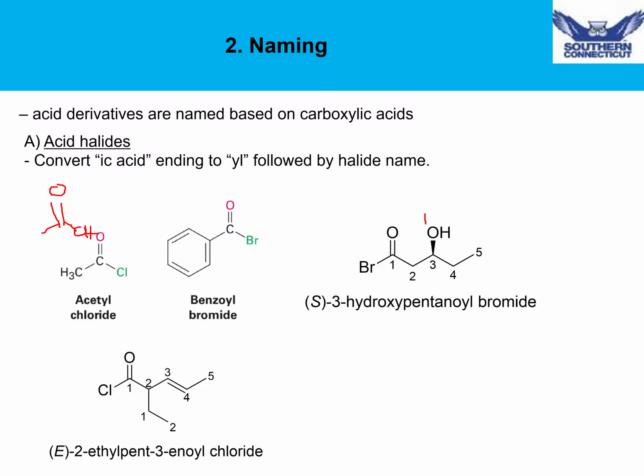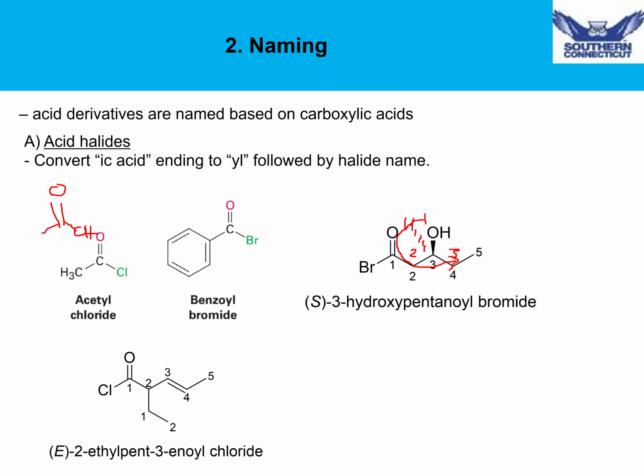So carbon 2 is a higher priority group than carbon 4, which would be priority number 3. There's also a hydrogen facing back here, which has the lowest priority, so we can ignore that for now. So we go from 1 to 2 to 3. Notice we're going counterclockwise, so that is S stereochemistry.